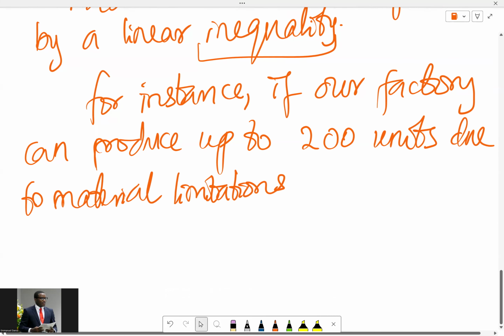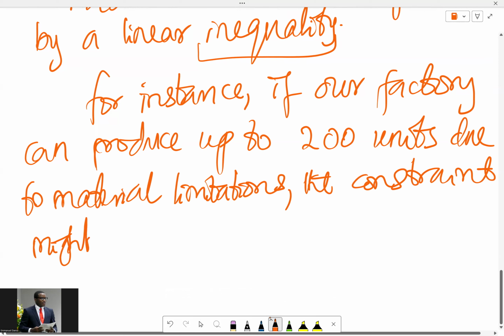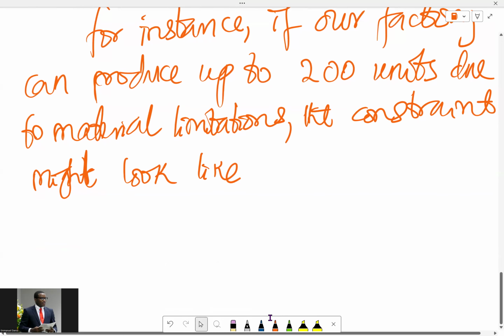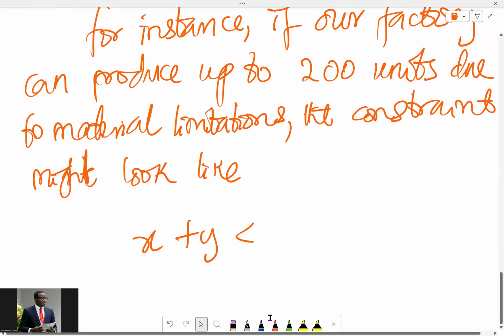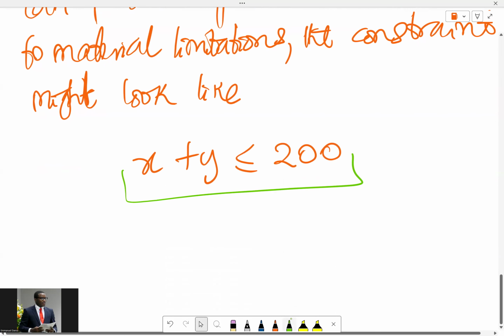So the constraint might look like x plus y less than or equal to 200. That's the constraint that if you add up all the materials you can ever get, it doesn't go beyond 200. So that's the reality here.